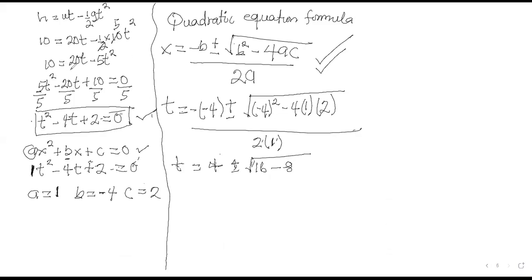So 10 is equal to 20t minus 5t squared. We divided through by 5.